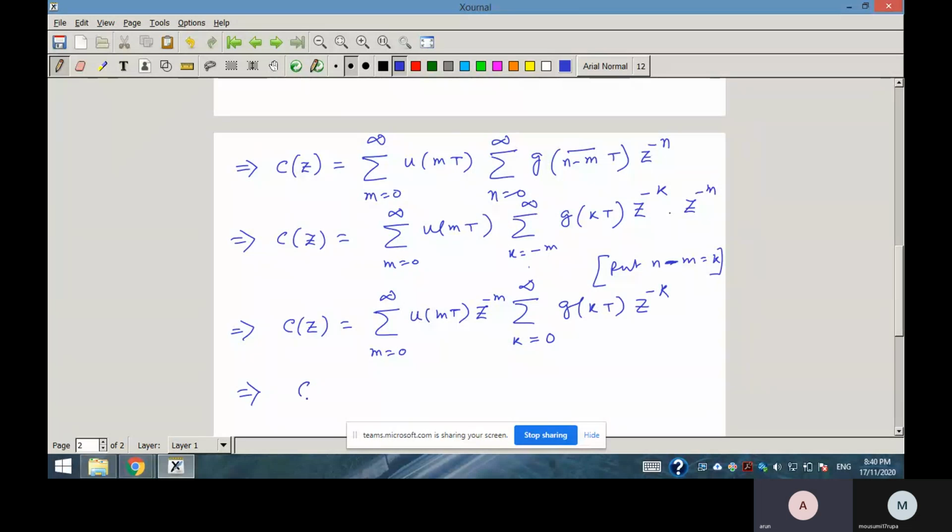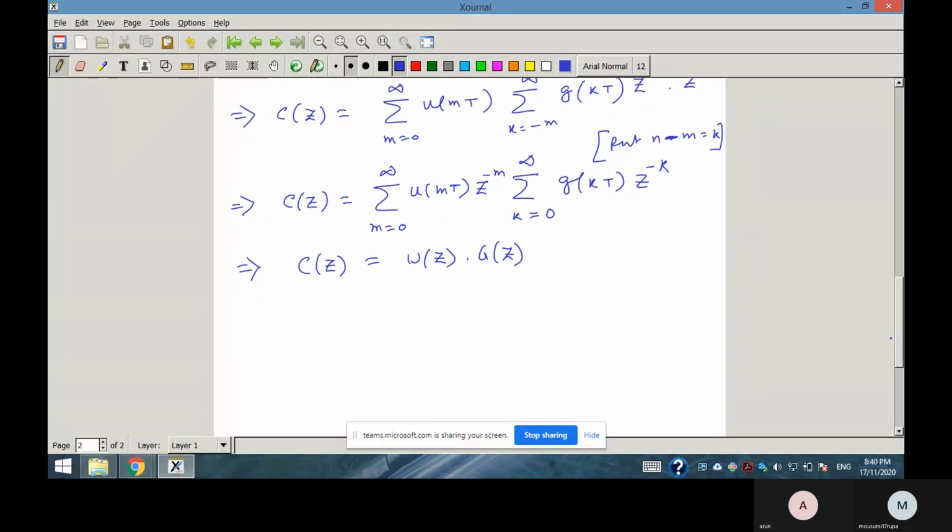So now what is your C(z)? C(z) will be equal to, what is this value? This value is your U(z). And what is this value? This is your G(z) as per the definition. So this implies C(z) will be equal to G(z) into U(z).